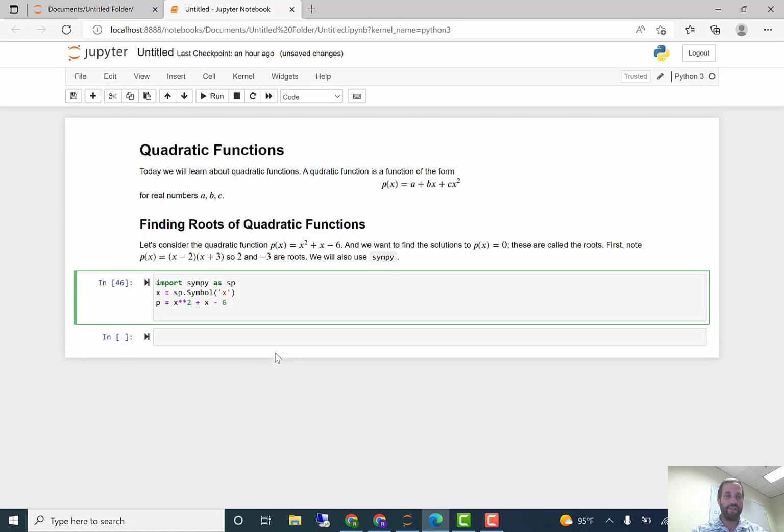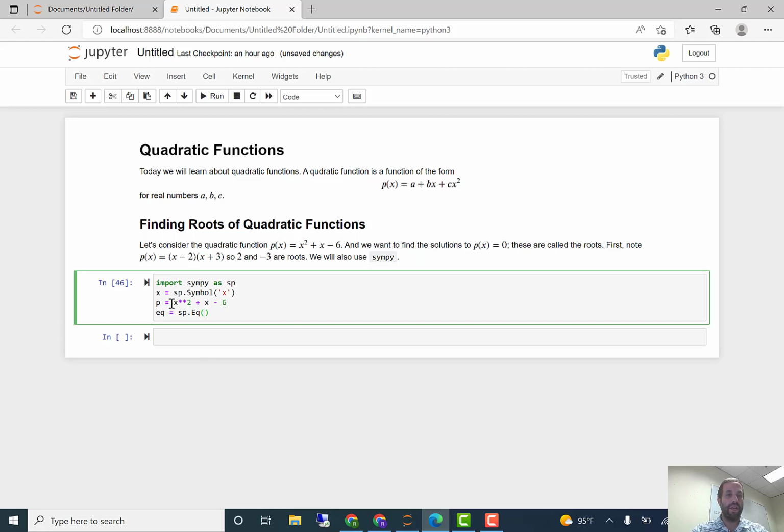Now I want to build an equation. There are a number of ways to do this, but the Sympy library has something called Eq, and then something called solve, and it knows how to solve equations. So I'm going to say EQ is equal to sp dot Eq, and then you put the left-hand side of the equation and the right-hand side.